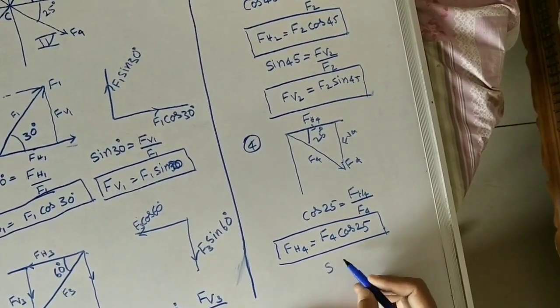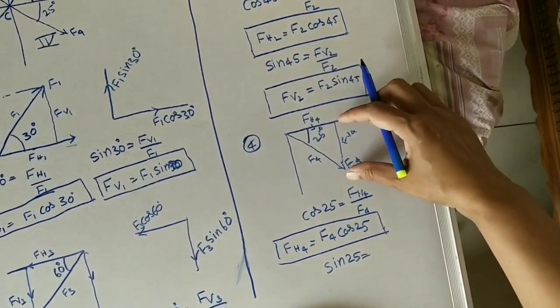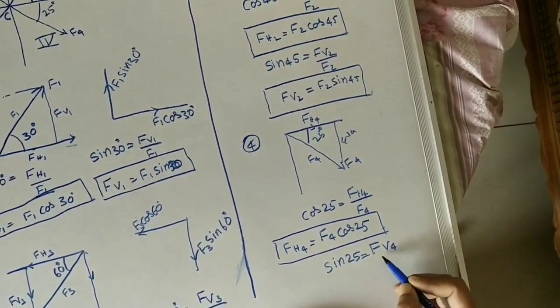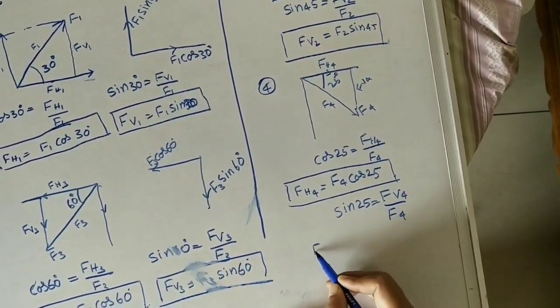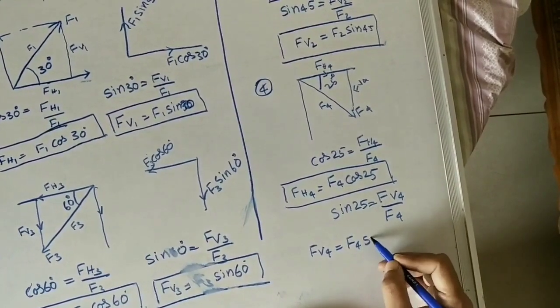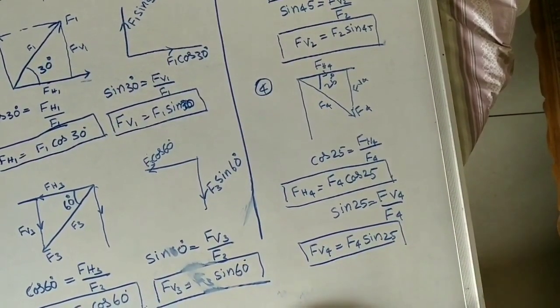Similarly, for the vertical component, I apply sin 25. Sin 25 is the opposite vertical component by F4, that is FV4 by F4. FV4, the required value, is F4 sin 25. This is the vertical component.